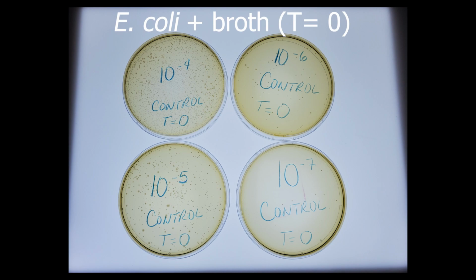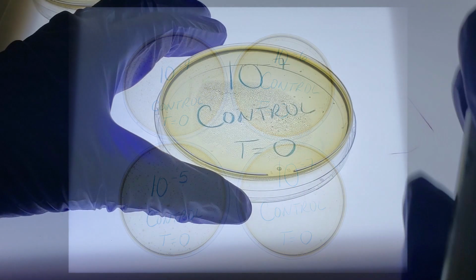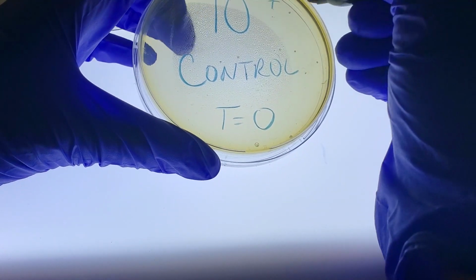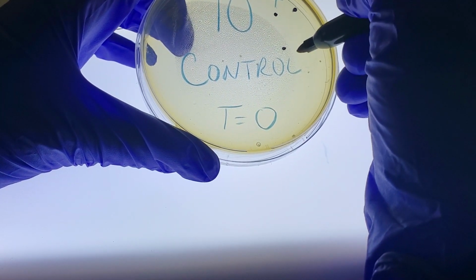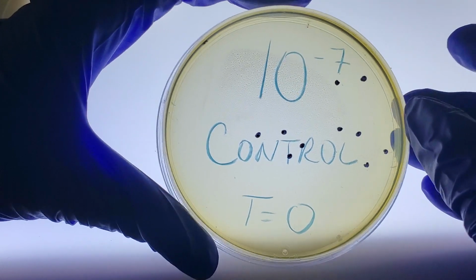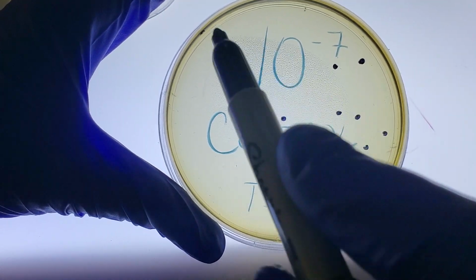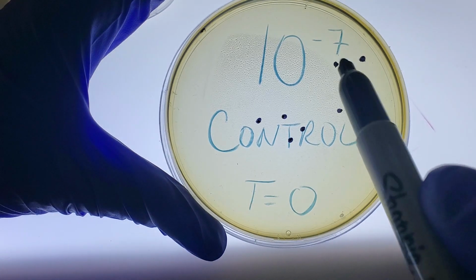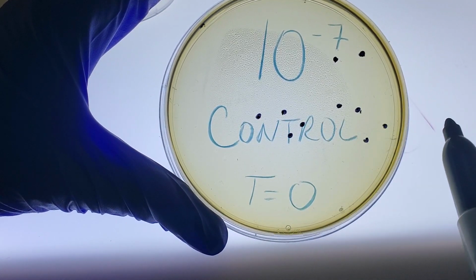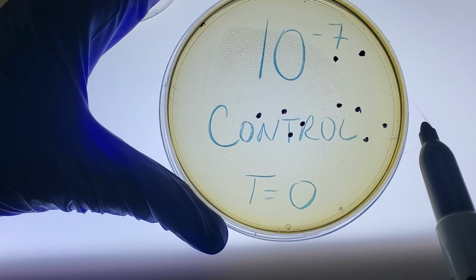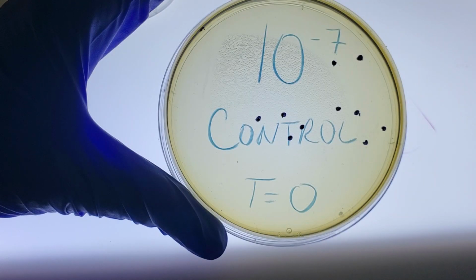You're now going to view 6 sets of plates. In each case, the plates will be shown to you as an image first, and then you'll see a video where I start using a Sharpie to help you identify the colonies. You'll need to follow along the Sharpie and count how many little circles are made on each plate. It's your job to record the number of countable colonies on each plate.